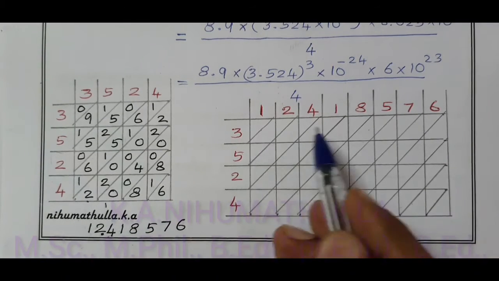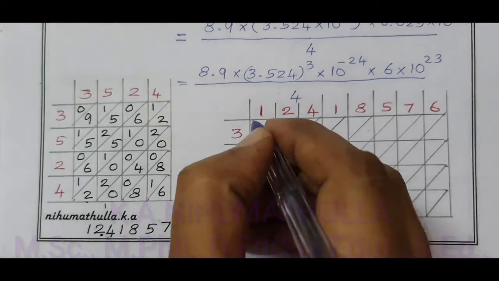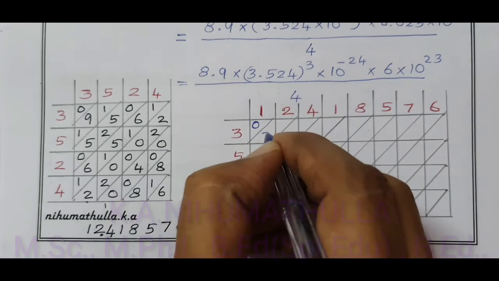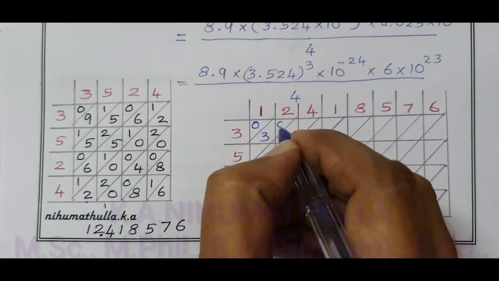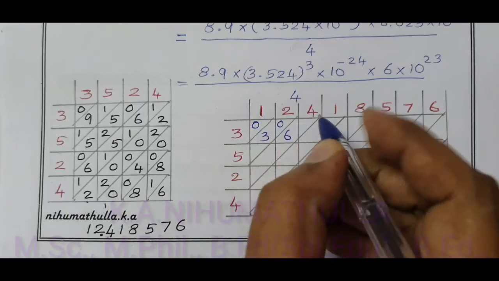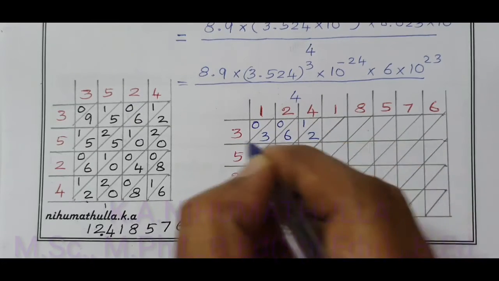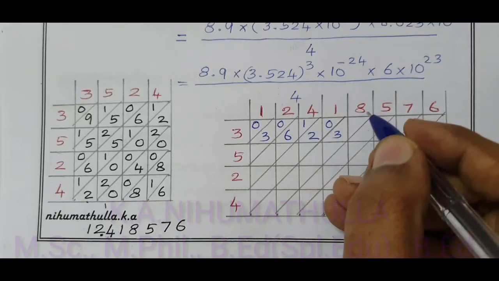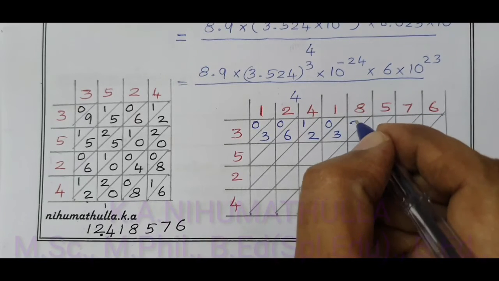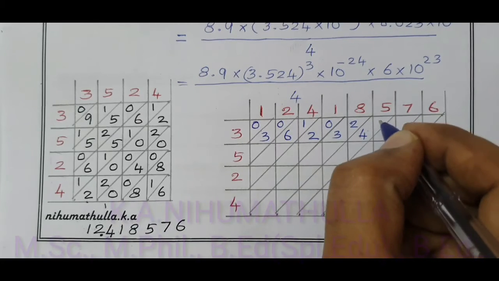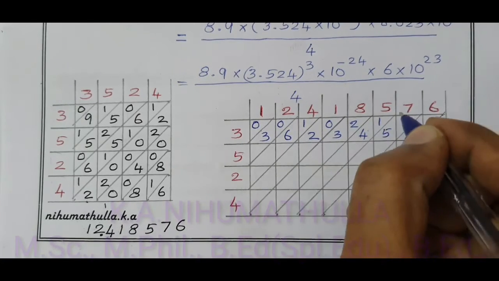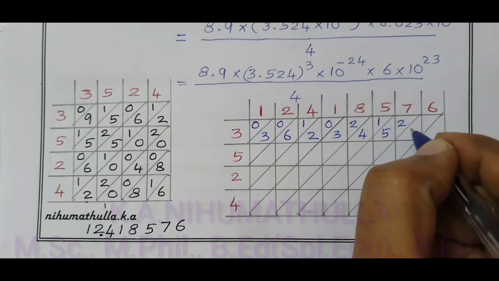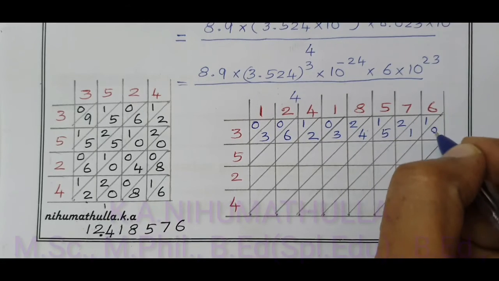Now we are going to see the cube value. 3 into 1 equal to 3, 0, 3. 3 into 2 is 6, 0, 6. 3 into 4 is 12, 1, 2. 3 into 3 equal to 3, 0, 3. 3 into 8 is 24. 3 into 5 is 15. 3 into 7 is 21. 3 into 6 is 18.